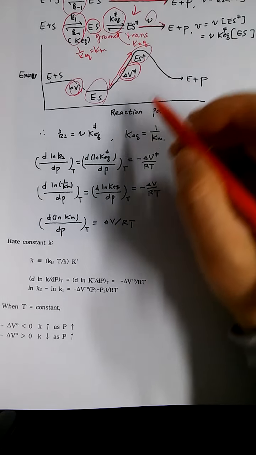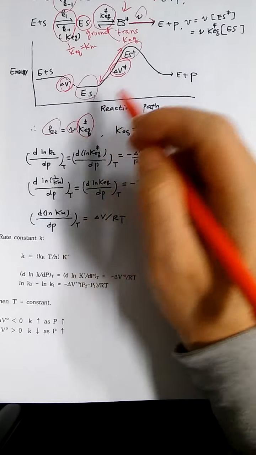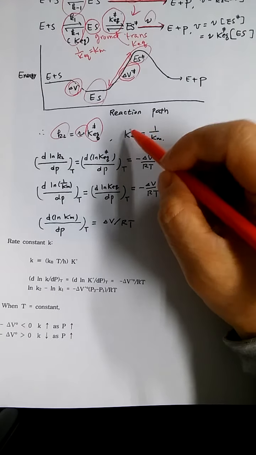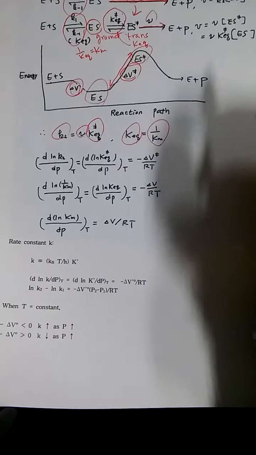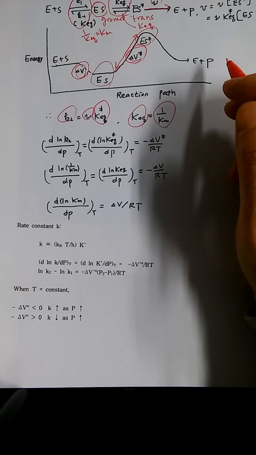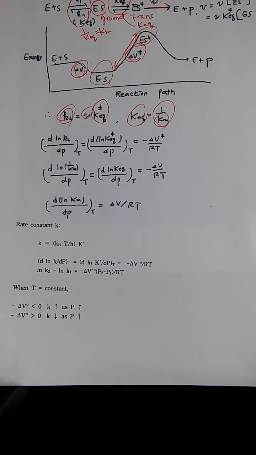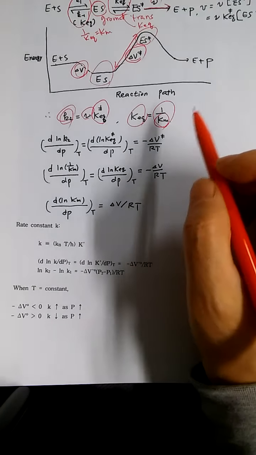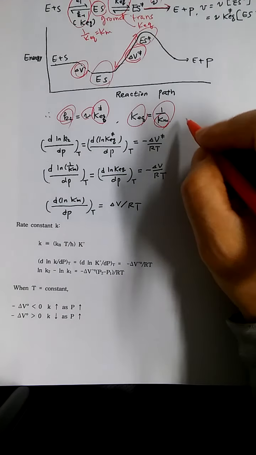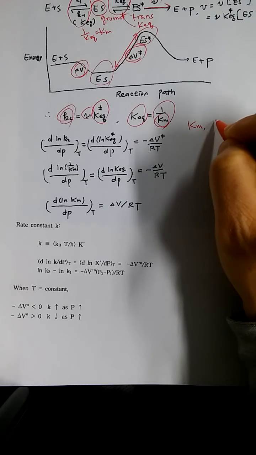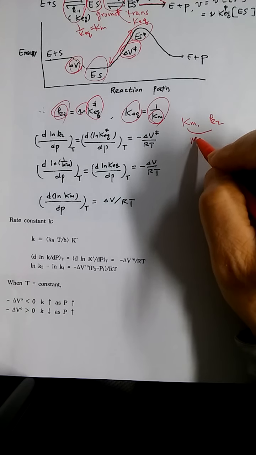K2 equals nu times K equilibrium star, and K equilibrium is 1 over Km. We have the terms Km and K2, which can be measured experimentally.